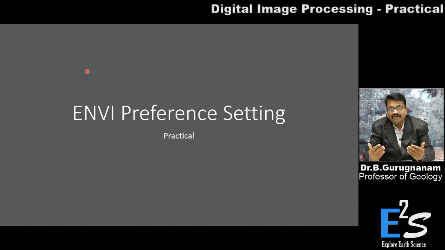Otherwise pop-ups will come and ask you, and you will get a little bit confused about where it is. So once you set this, spend about half an hour or so to set your preferences before starting any project. So let us discuss, based on the importance of this lecture, the practical experience on preference setting of ENVI image processing.